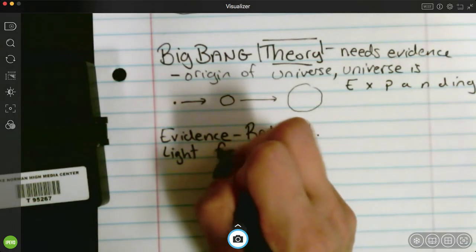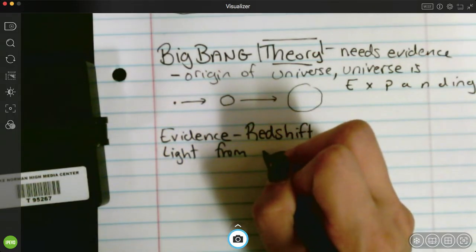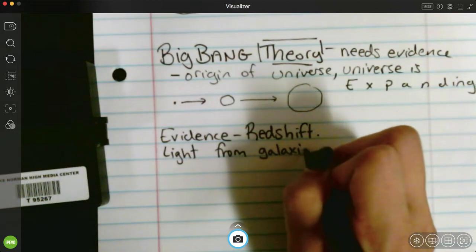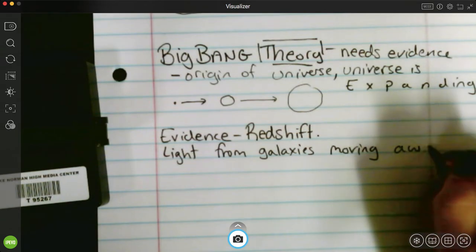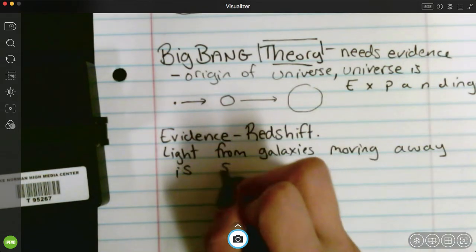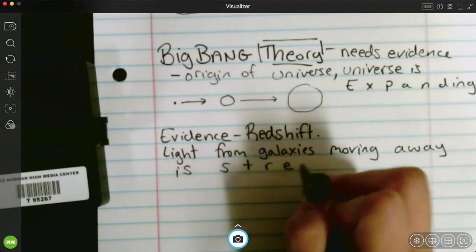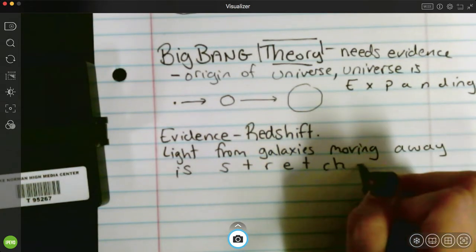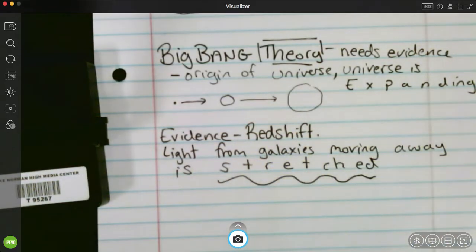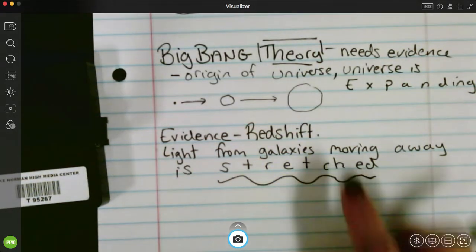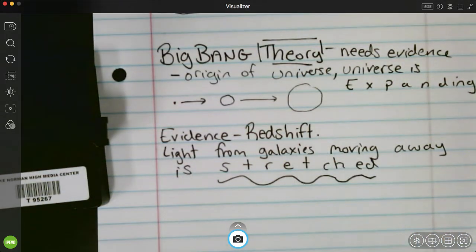So the light from galaxies moving away is stretched towards the red end of the spectrum. So that is how we know that the universe is indeed expanding. All right, and that's all I really need you to know about Big Bang Theory. So let's just move right along, children.